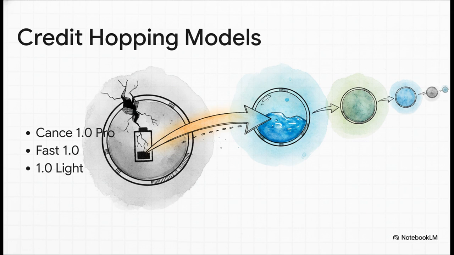But here, if you're using Seedance 1.5 Pro and you finally drain those credits, that is not the end of the line. You just pop open the selector and switch over to Seedance 1.0 Pro, or Fast 1.0, or 1.0 Lite. Whatever model still has juice left, you just switch to it and keep right on generating. Plus, those credits can refresh over time. By hopping around like this, you can keep your project moving for a really long time.